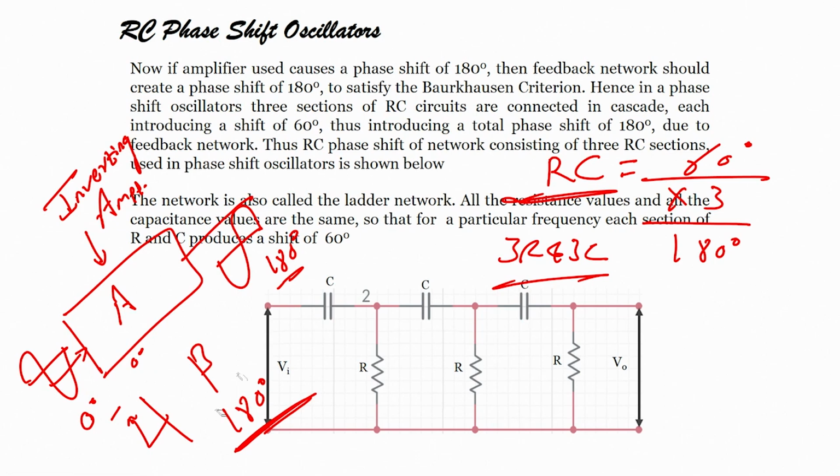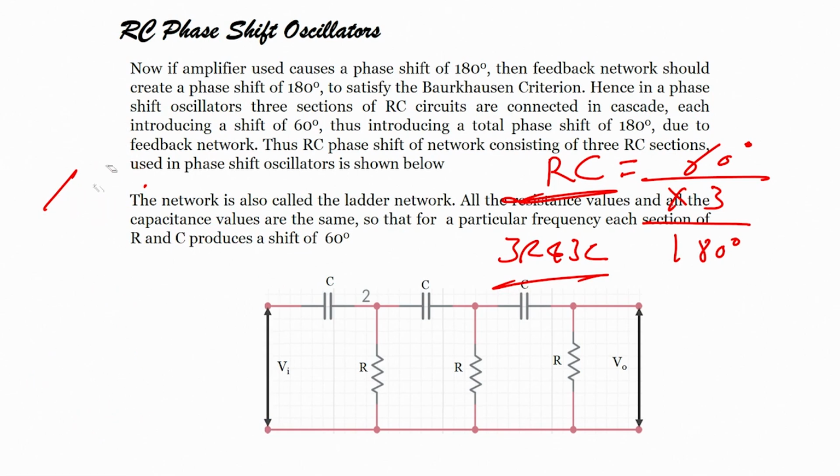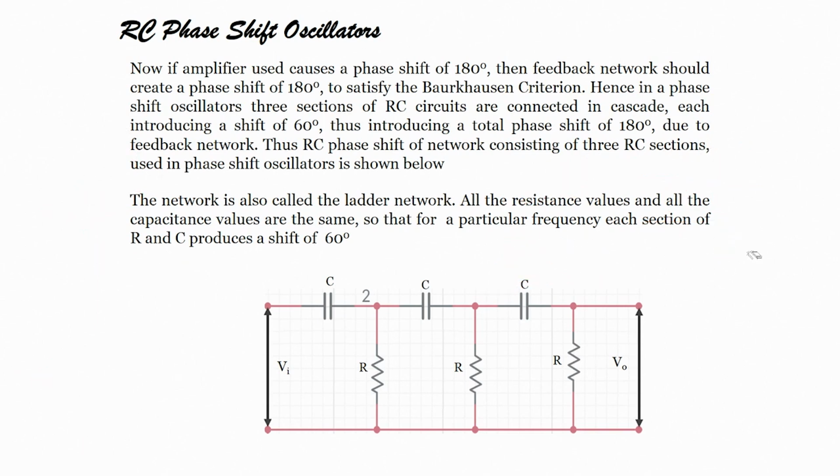This is what is shown in this particular slide. Let us see once again. If the amplifier used causes a phase shift of 180 degrees, the feedback network should provide 180 degrees to satisfy the Barkhausen criteria, because the Barkhausen criteria is that the feedback provided back to the input of the oscillator should be 0 degrees or 360 degrees in phase.